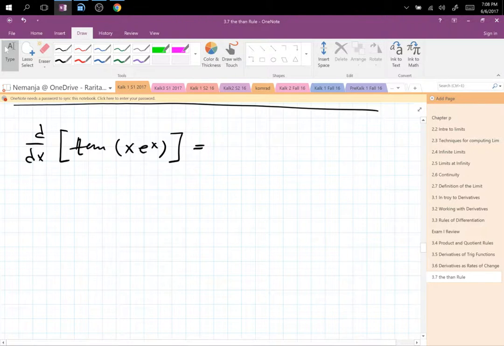Now you have to do the product rule. Secant squared x is on the outside. Don't erase that. That was good. All of that times, and then you do the product rule of these two, or the inside.